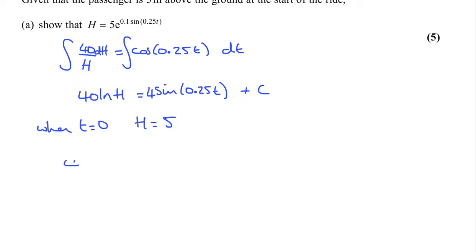So we can put that 40 ln 5 needs to equal 4 times sine of 0. Sine of 0 is 0. So my c is 40 ln 5. Now you might have a different c if you didn't bring this 40 up. If you left your 40 down here, you'll have a slightly different c. But everything will be the same once that all cancels down.